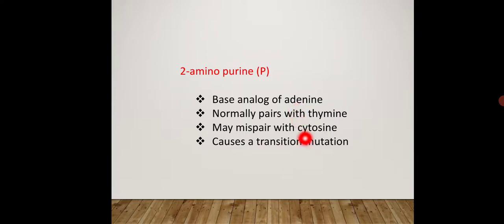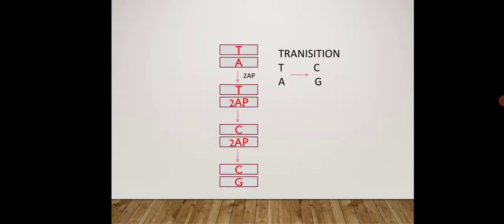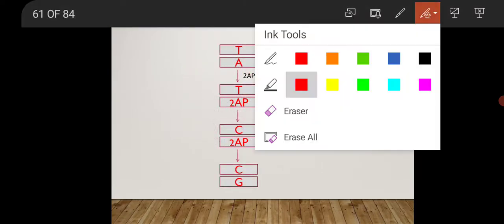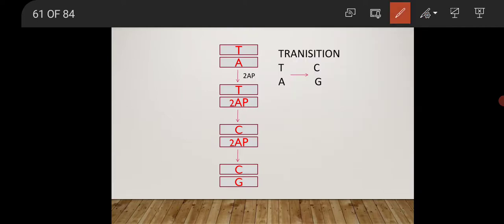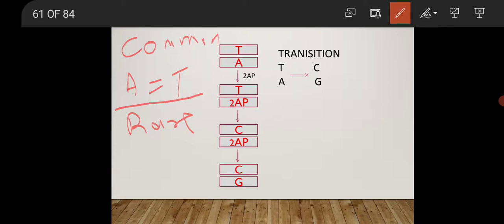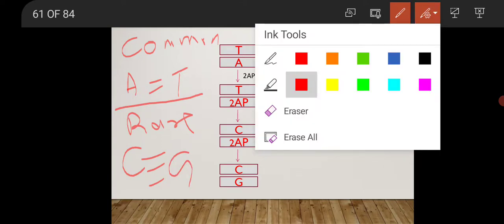Let me write that. In the normal or common condition, it behaves as an adenine, which will base pair with thymine, and in the rare condition, it behaves as a cytosine, which will base pair with guanine. This will help you to remember the things.